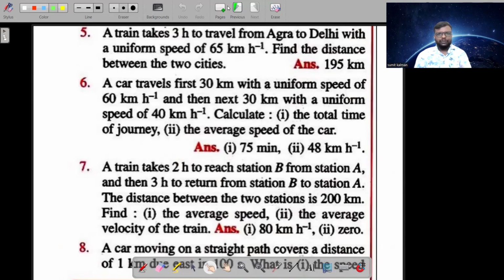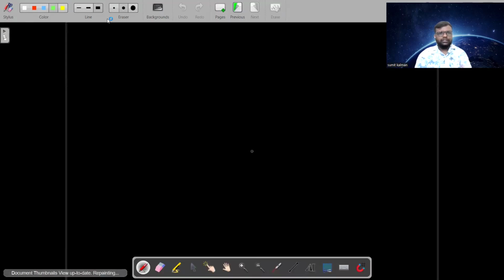So students, here, as we all know, let me proceed for the solution. Speed is equal to distance upon time.